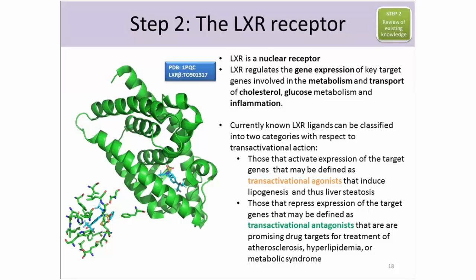And the ligands that interact with this receptor can be grouped into two different types: the agonists that induce liver steatosis, and some others have an antagonist activity, and these are promising drugs for arteriosclerosis and other things.